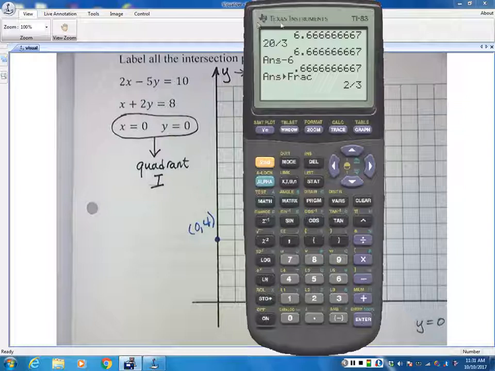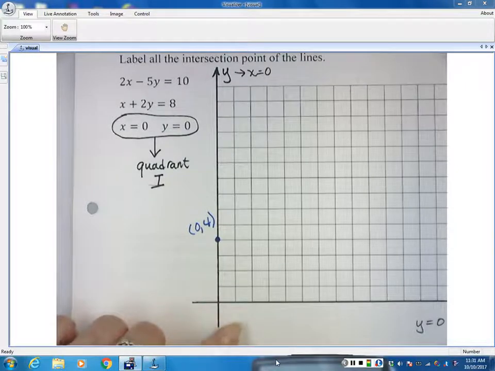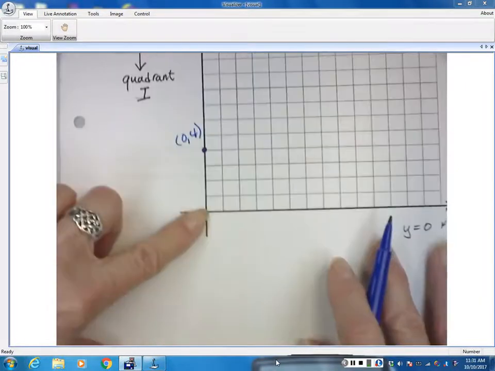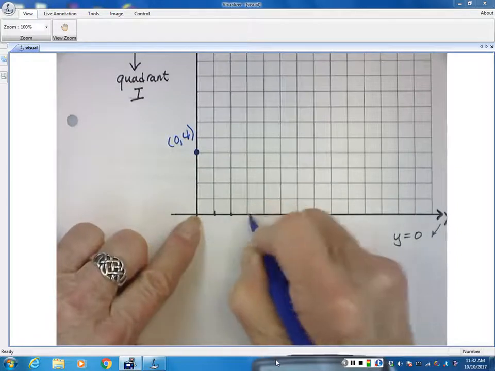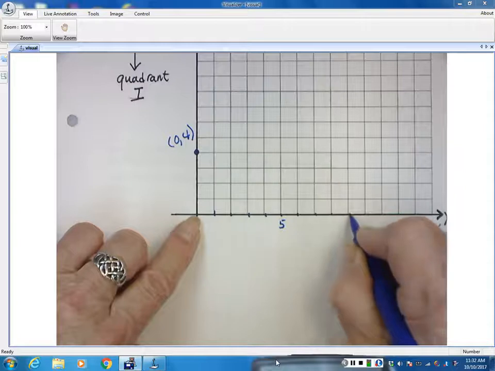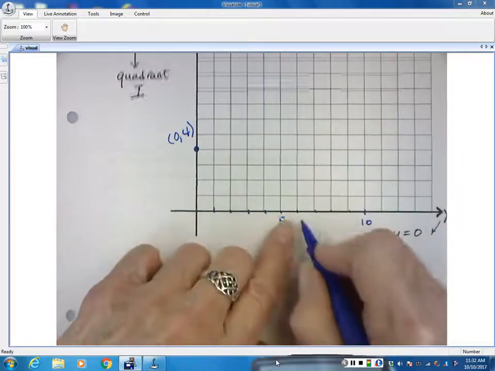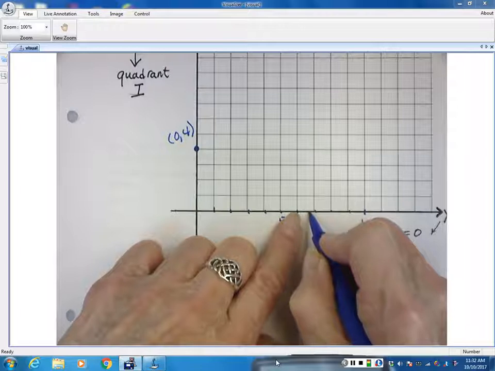But the best thing to do, since we're trying to graph it on your calculator, is to realize that 6.666 is between 6.6 and 6.7. So we're going to go out here, get this up here where you can see it. We're going to scale this axis. 1, 2, 3, 4, 5, 6, 7, 8, 9, 10. 6.67 is right about there.